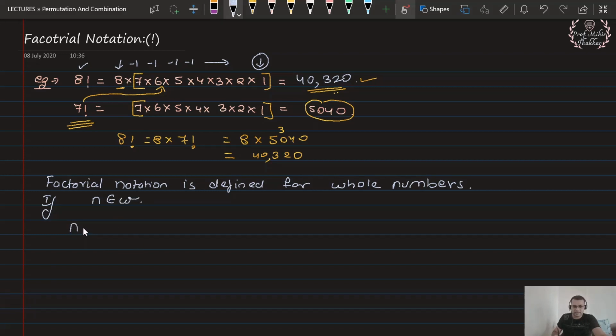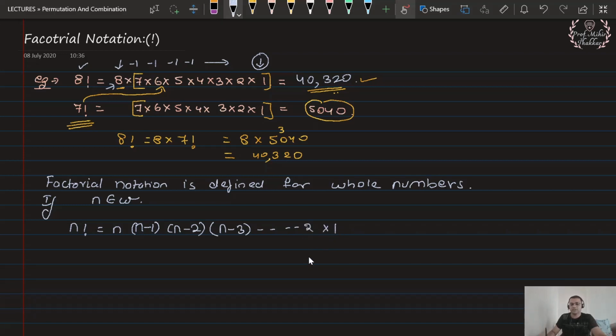Then n factorial: start with n, reduce it by 1 to get n minus 1. Again reduce by 1, it becomes n minus 2. Again, n minus 3. And the process continues till the final value is 1.